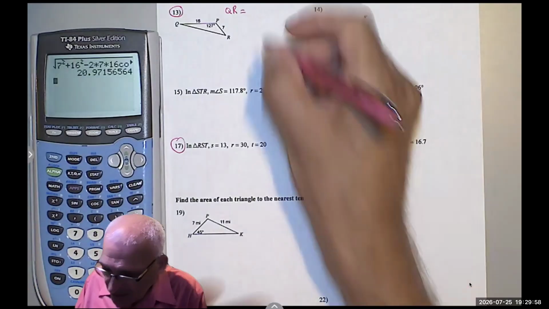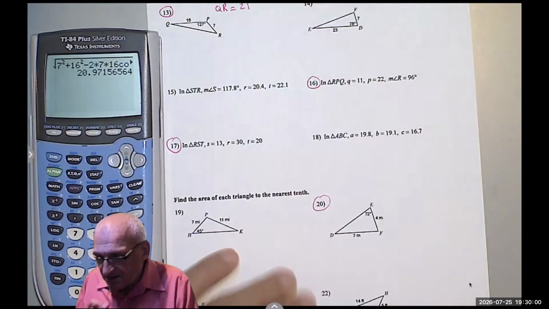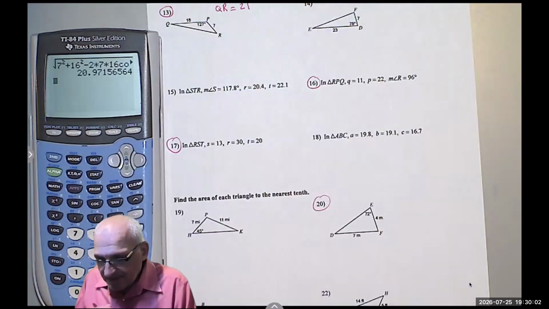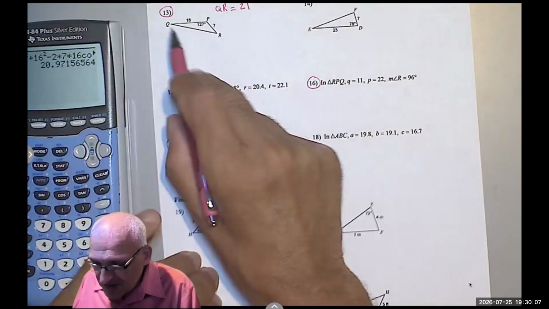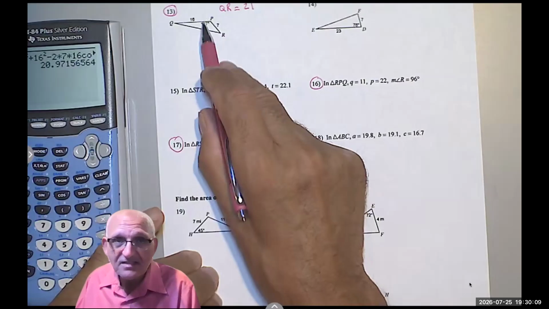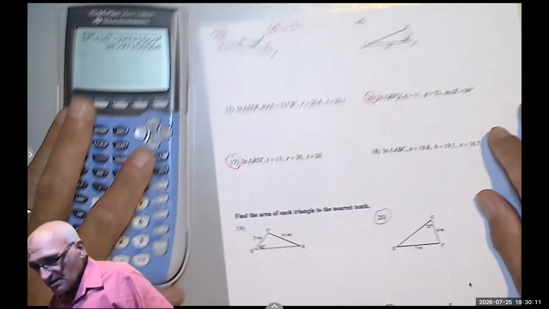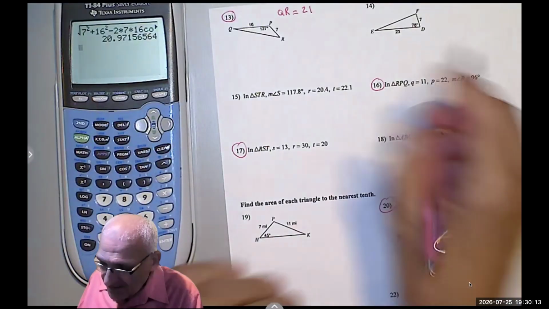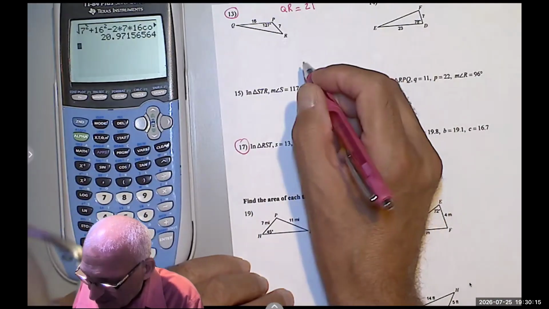That's 20 or 21 since we need it to the nearest tenth. And you can see 21 is the largest side because the opposing angle is obtuse. It's the largest angle.